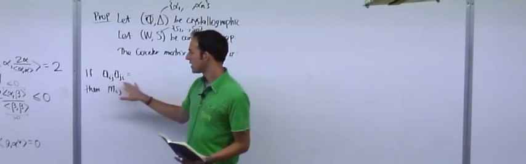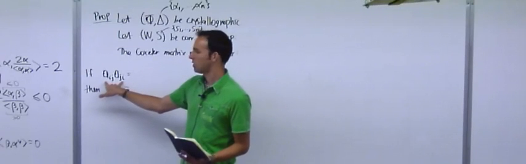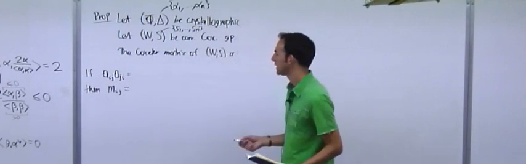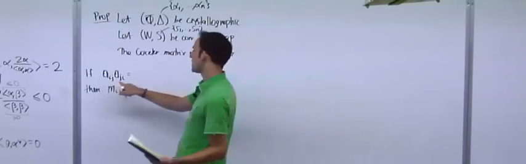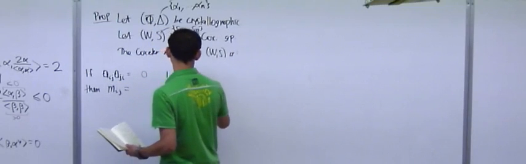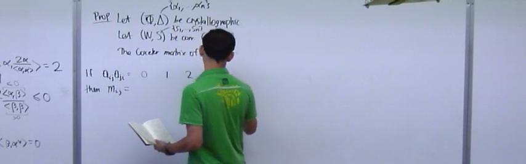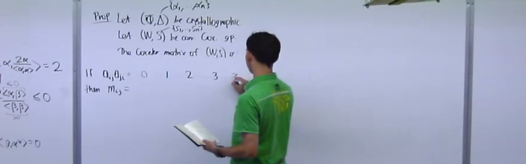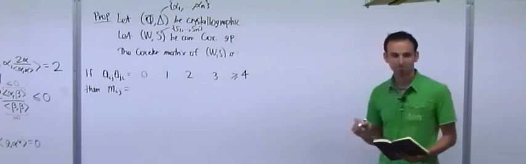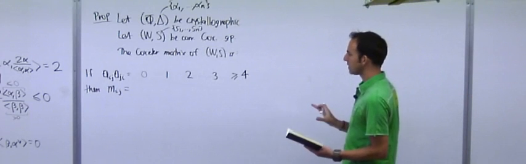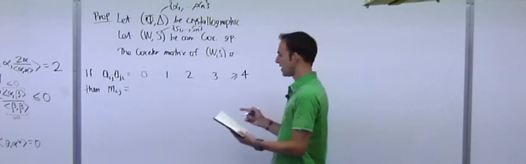If i and j are different from each other, then these are both non-positive, which means that when you multiply them, you get some non-negative number. So when you multiply aij and aji, you're either going to get 0, or 1, or 2, or 3, or 4 or more.